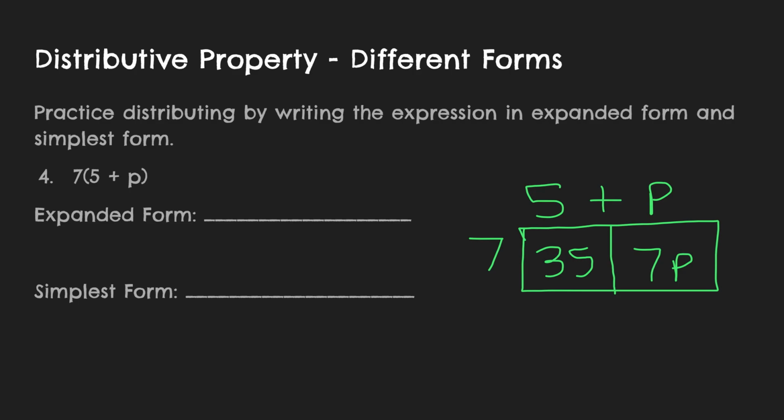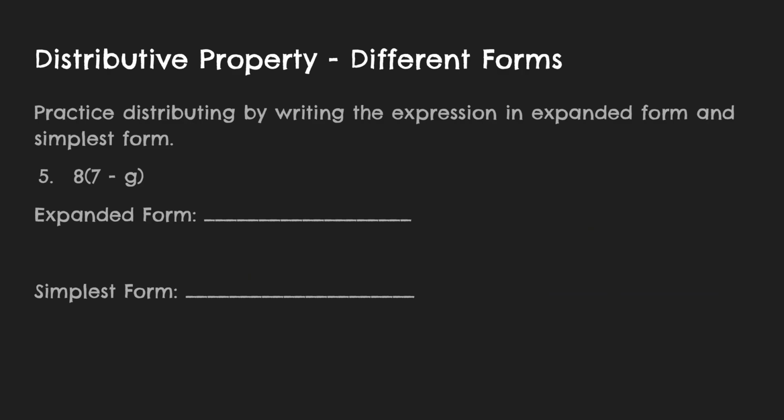So again, expanded form, I did 7 times 5 plus 7 times p. And then for my final answer, I got 35 plus 7p. Okay, notice this sign right here, I'm just getting from my original thing. So it just kind of follows me throughout. Plus, plus, plus. All right, let's try another one.